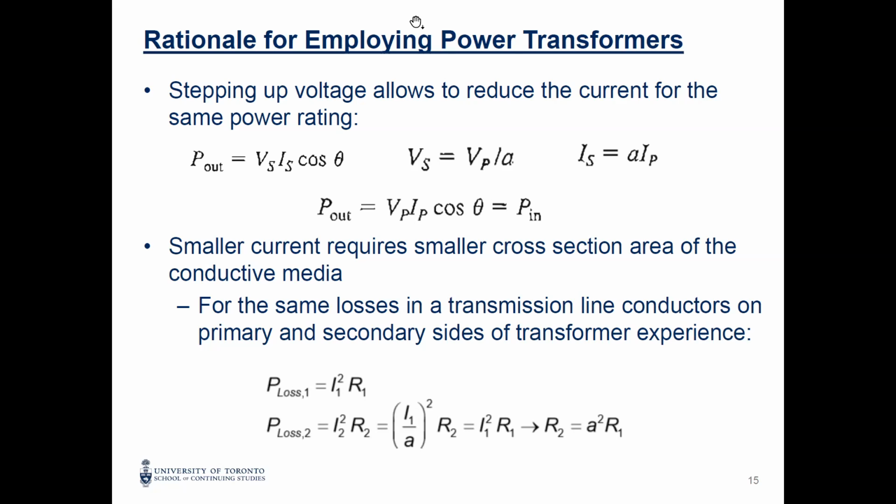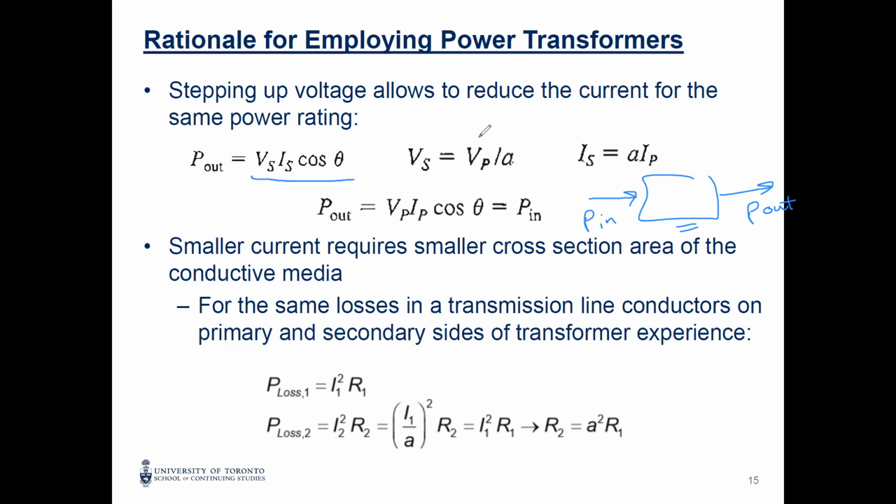There are no losses. So if you have a transformer or any system, input power equals the output power, it means the efficiency is 100%, you don't have any losses. Then let's say this is the secondary part.